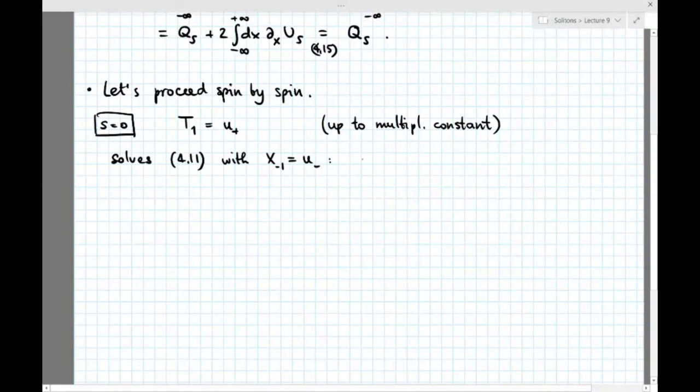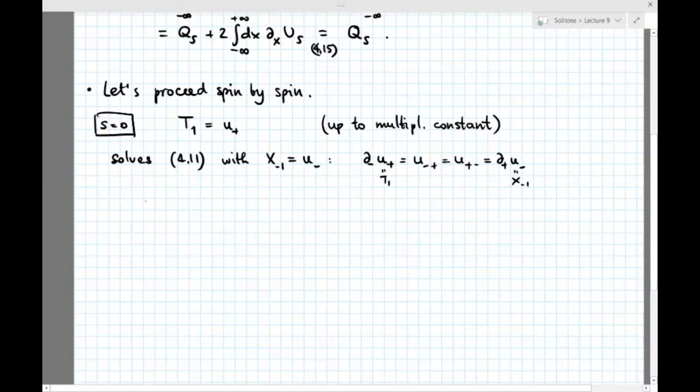The reason is that if you compute the partial derivative of u plus, or t1, with respect to x minus, we get u plus minus, which is the same as u minus plus, since we assume that the functions are sufficiently differentiable that the partial derivatives commute. But this is nothing but the partial derivative with respect to x plus of u minus. So this is t1 and this is x minus 1.